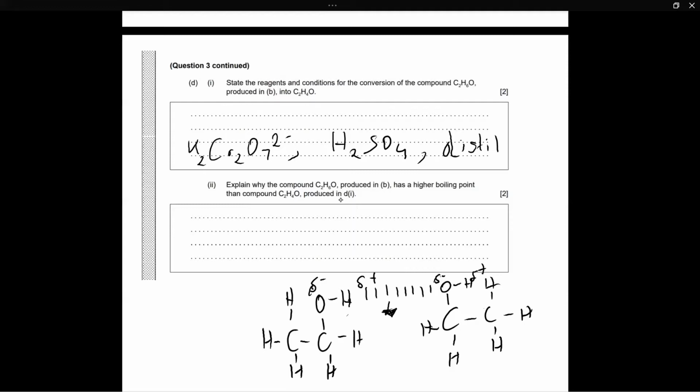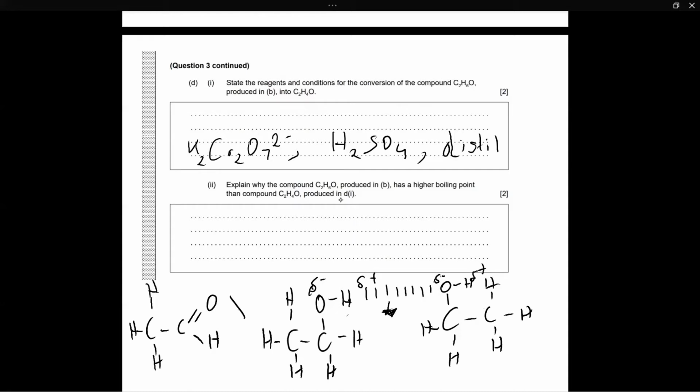That's why ethanol has a higher boiling point than C2H4O, which is the aldehyde, because the aldehyde cannot participate in hydrogen bonding. The only intermolecular forces that the aldehyde will have is dipole-dipole interactions, because the hydrogen is not attached to any highly electronegative atom like oxygen.